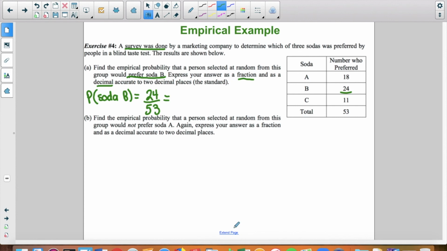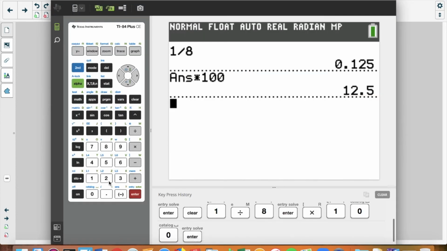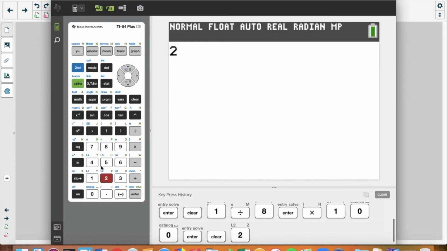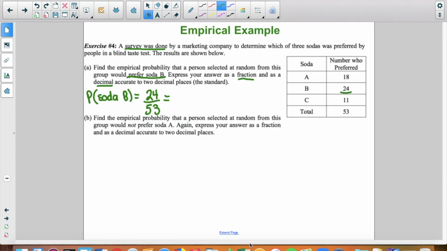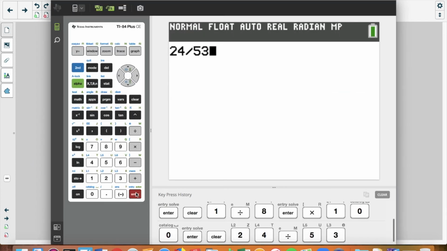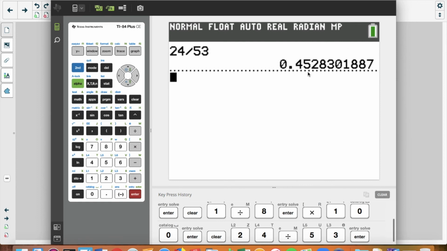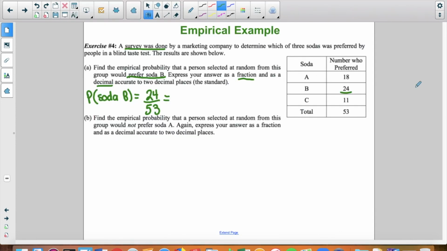So let's figure out what that is using our calculator. We do 24 divided by 53. We get this long decimal. It wants it to 2 decimal places, which is right here. This 2 is under a 5, so this will stay a 5. It won't round up. So that is equal to 0.45.